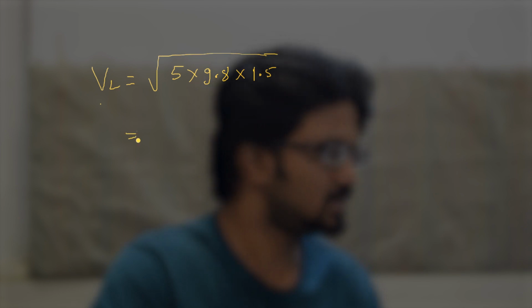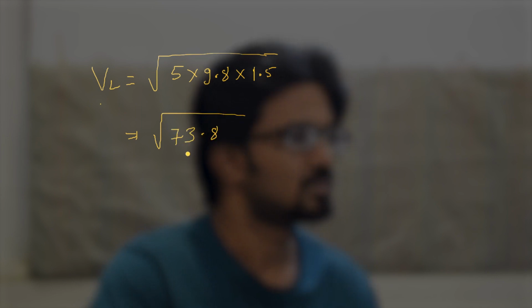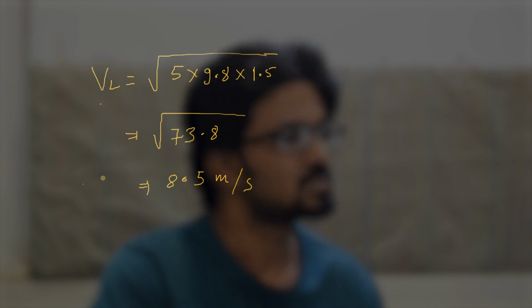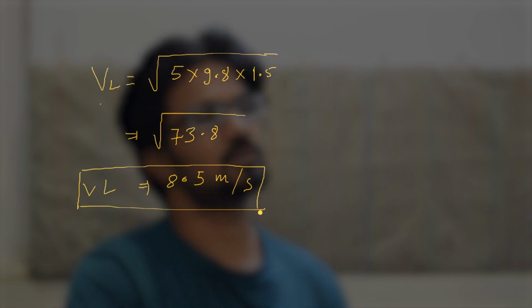If you calculate this, it will come out to be under root of 73.8, which is going to be 8.5 meters per second. So the minimum velocity required at the lowest point is 8.5 meters per second to move it in a vertical circle.